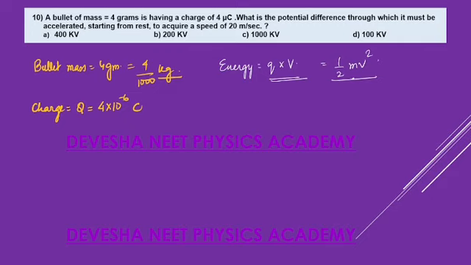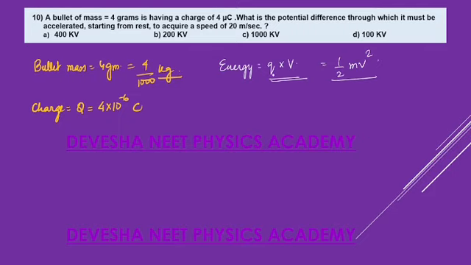So energy can be transformed from one kind to another. In this case, the energy acquired by the bullet due to the potential difference results in the kinetic energy of the bullet. Because of the potential difference, the bullet will move forward with a velocity, right? So this is what is happening here.